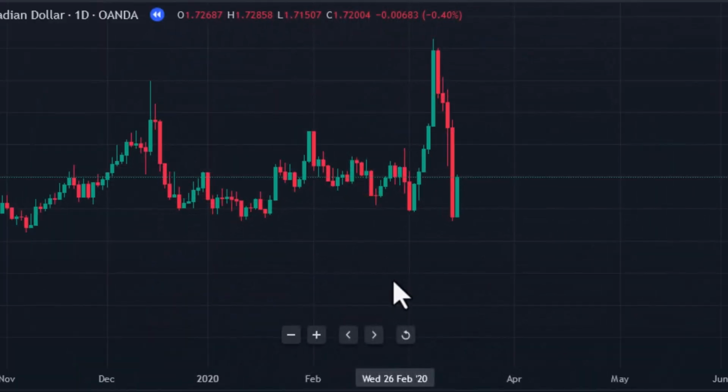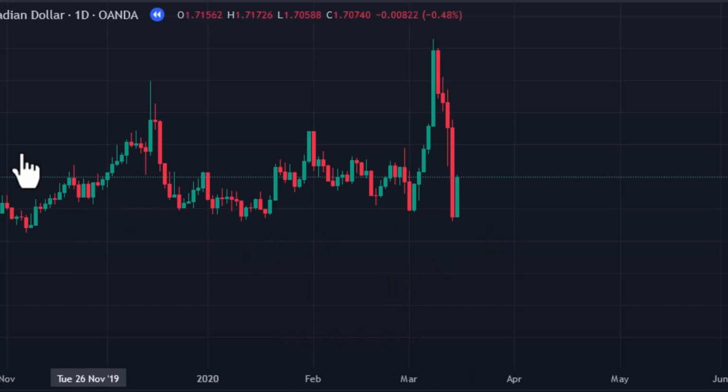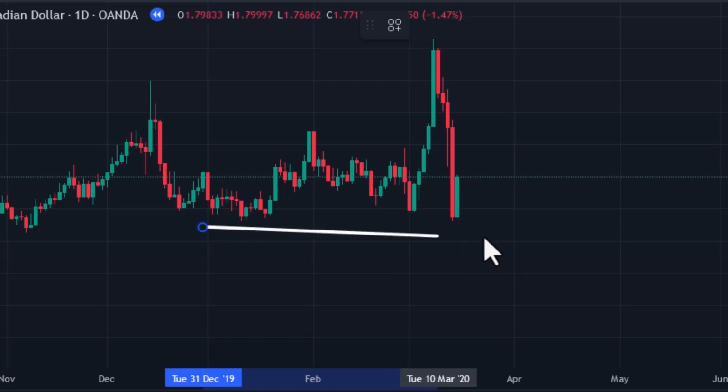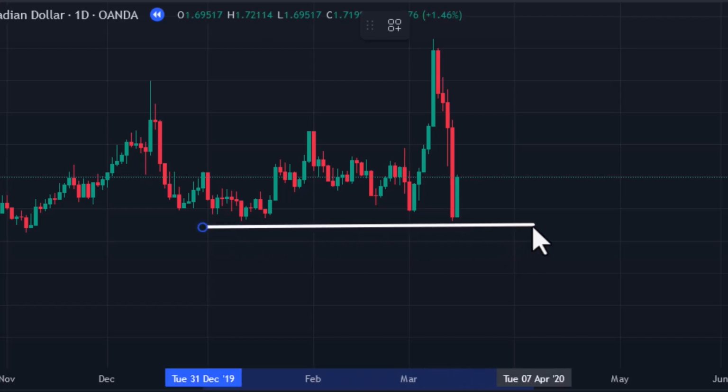The next example that I want to show you is, let's say you have something like this. As you can see the previous support here, and price has come down to test that support already. See, this is the previous support. Price has come down to test it, and it held.